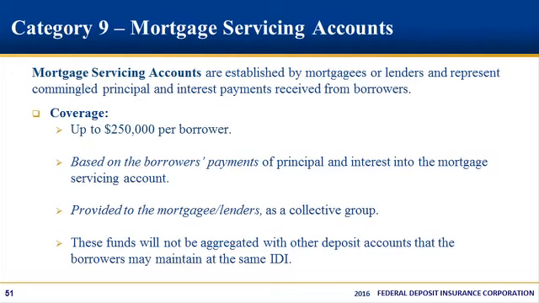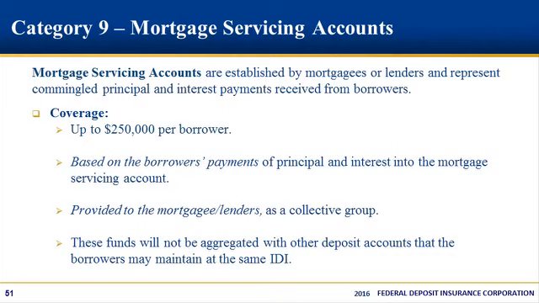This category concerns accounts established by mortgagees or lenders and represents commingled P&I payments received from borrowers. The rule for Category 9 mortgage servicing accounts provides that commingled P&I payment or P&I accounts established by mortgagees or lenders are insured with coverage provided up to the SMDIA of $250,000 per borrower.